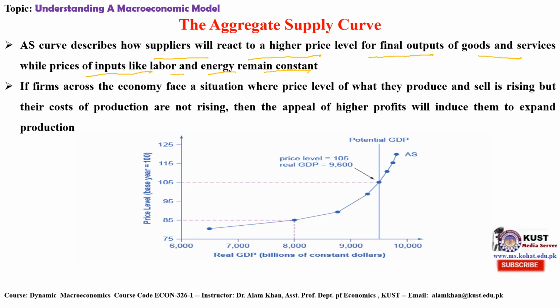So if firms across the economy face a situation where the price level of what they produce and sell is rising, but their costs of production are not rising, then the appeal of high profits will induce them to extend production. Here they are explaining that when the prices of goods and services rise, the supply will rise.